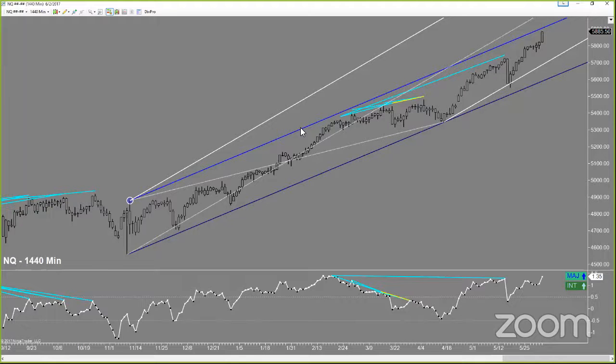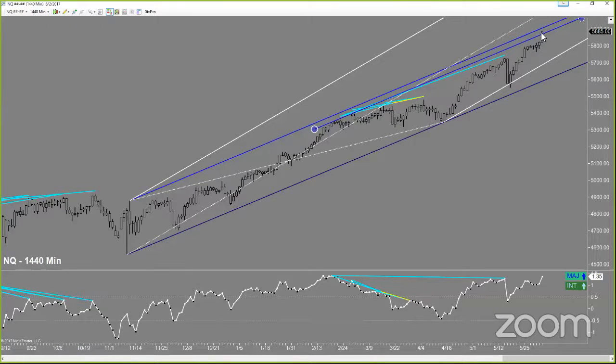One thing that might actually end up playing out is if we take a copy of that channel and bring it down to where we made this low, we're actually starting to come through that.